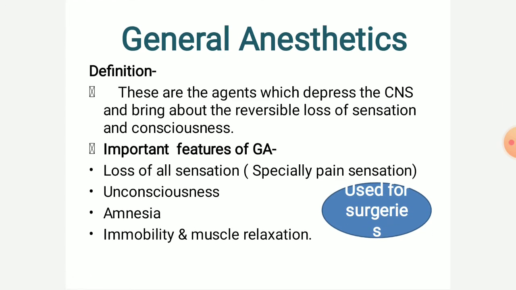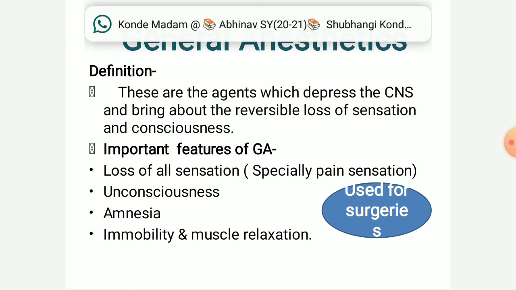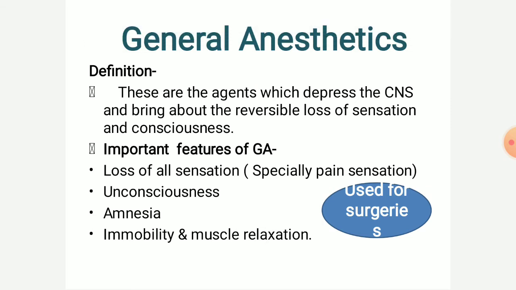So let us discuss general anesthetics. First, the definition. These are the agents which depress the CNS and bring about reversible loss of sensation and consciousness. So general anesthetic drugs are CNS depressant drugs and they bring about reversible loss of sensation and consciousness.